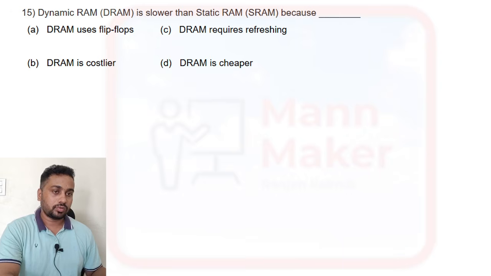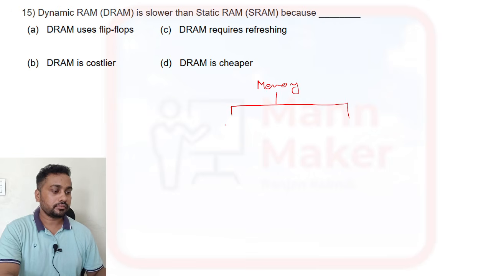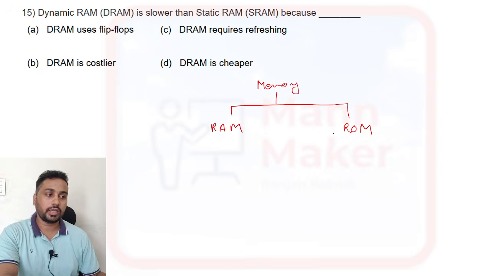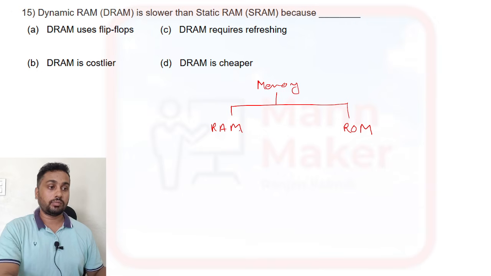Okay, so the last one is what? Dynamic RAM, that is DRAM, is slower than static RAM, that is SRAM, because. So why is DRAM slower than SRAM? Okay, if we talk about memory, we have two types. First one is RAM and another one is ROM. RAM means random access memory, and ROM means read only memory.